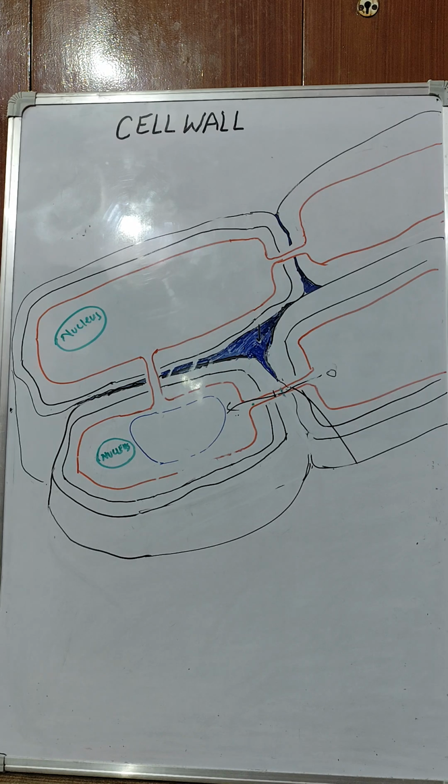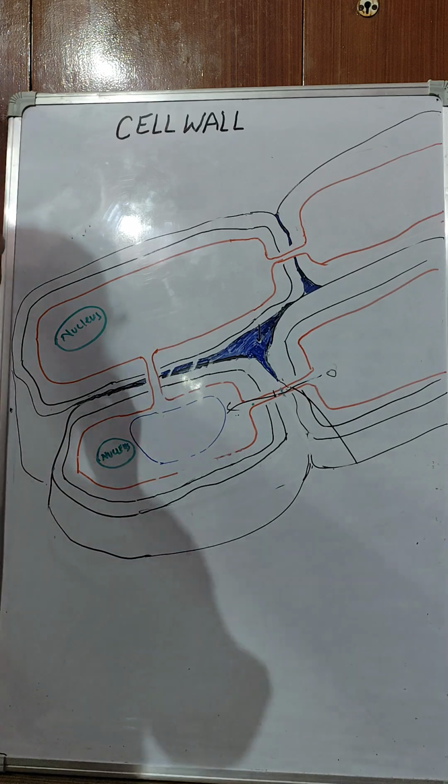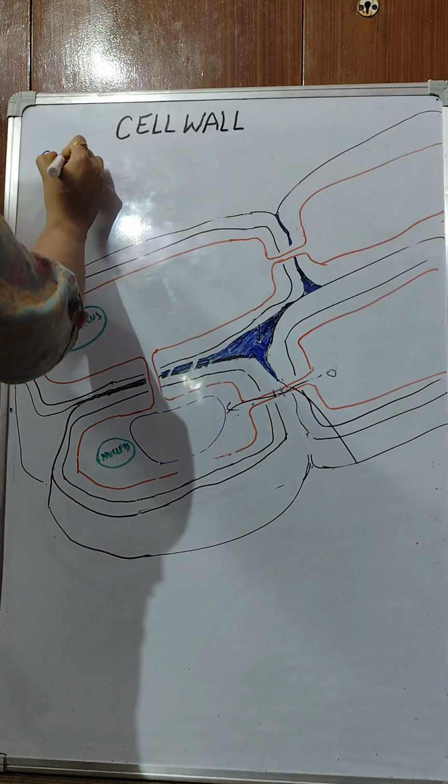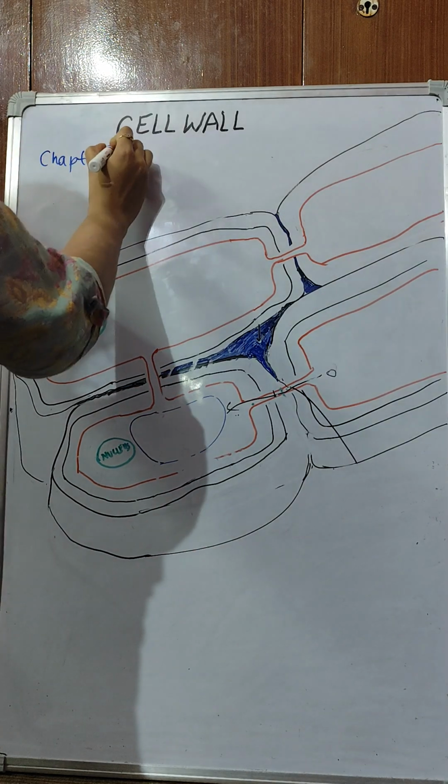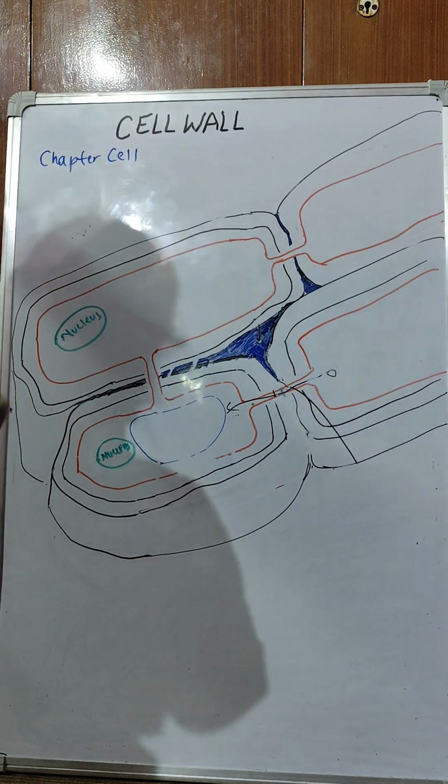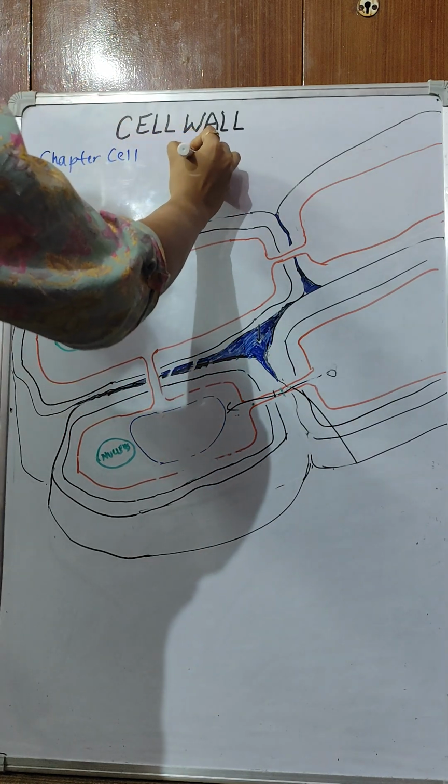So, hello friends, from today onward we are going to start a different cell component of eukaryotic cell. For your information, I would like to inform you that we are studying the chapter Cell from class 11th NCERT.